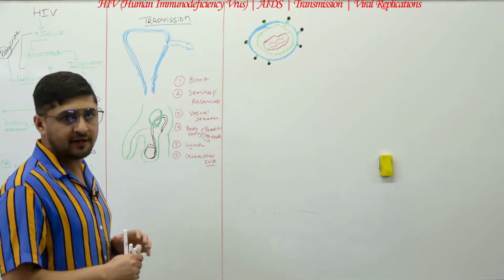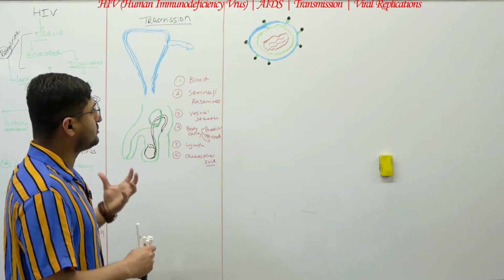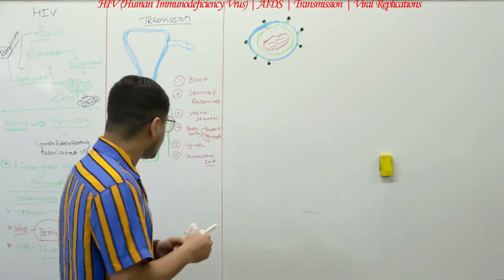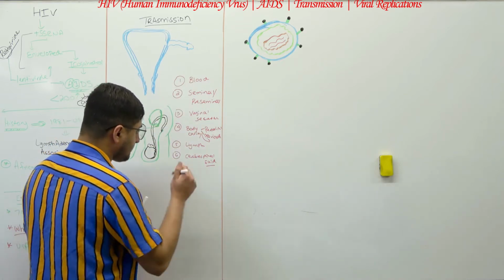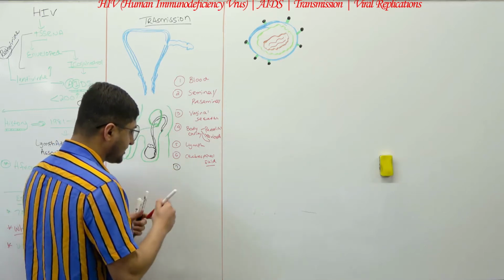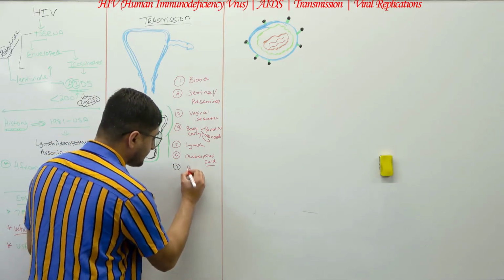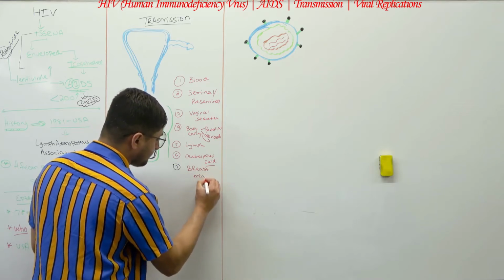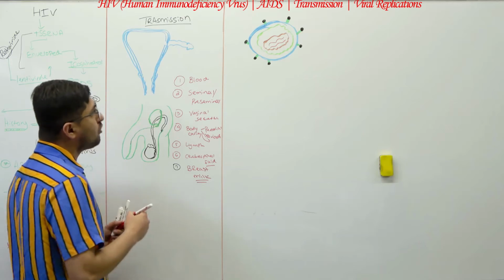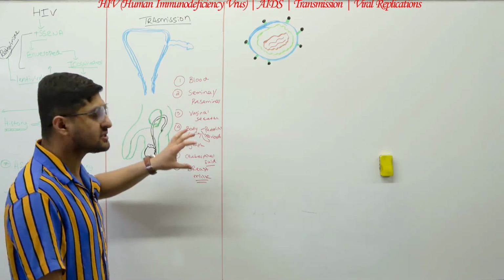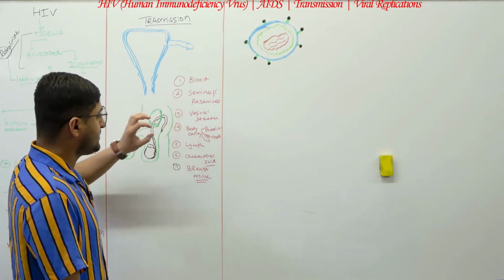Look at this. These are the places where you can find the highest concentrations of HIV. Not only there, even breastfeeding, like when a mother breastfeeds her children, it's in there, basically in the breast milk. So this is where you can find the highest concentrations of the HIV viral load.